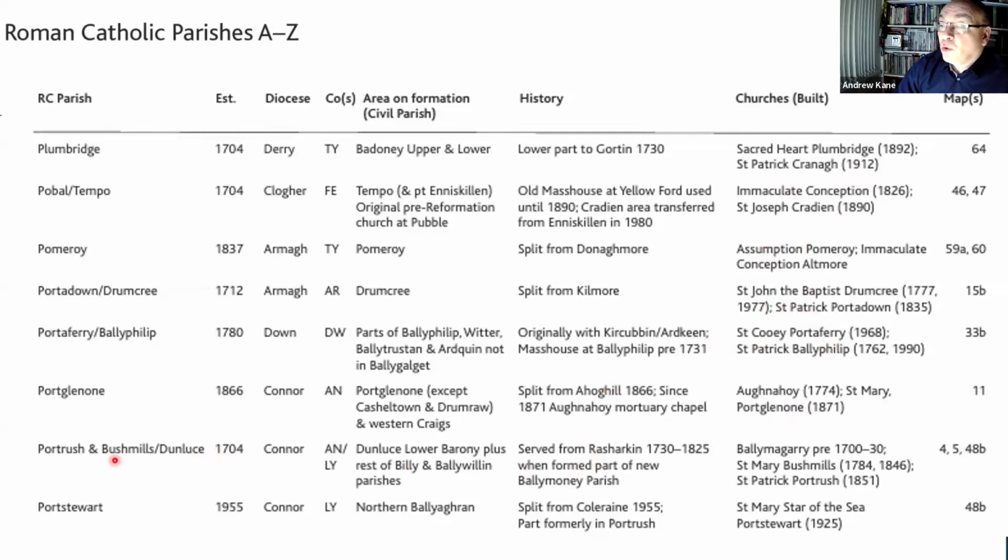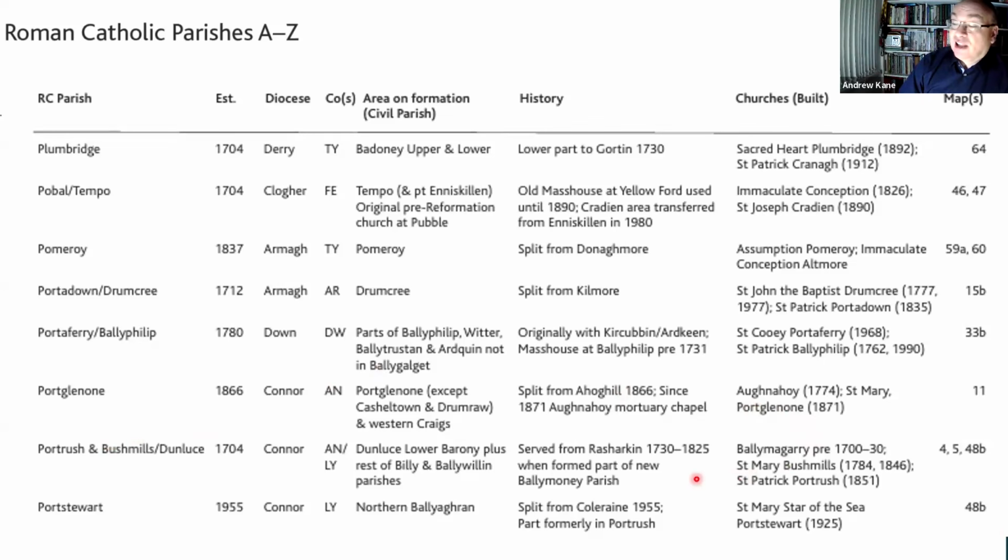You can see that Portrush and Bushmills was a very complicated one. Although the Earl of Antrim had a private chapel which covered a lot of North Antrim, until 1830, or then after 1730, Ballymoney became the parish church for the whole of the manor of Dunluce, and little bits of parishes which were adjoining, parishes that were within that.